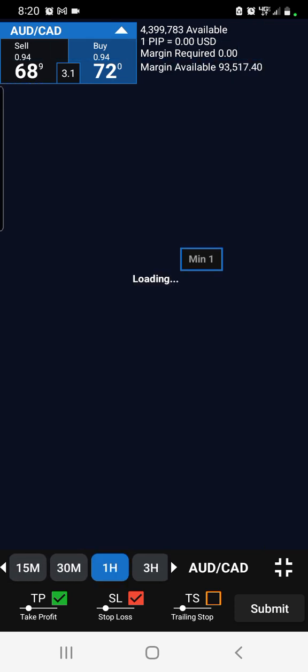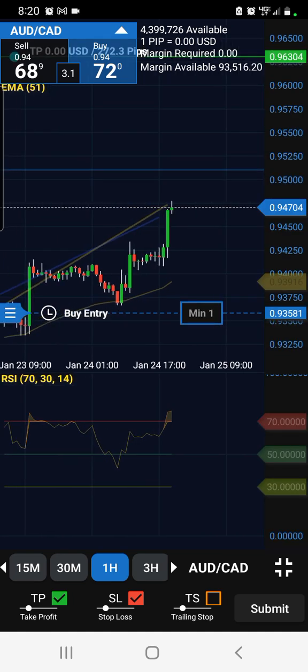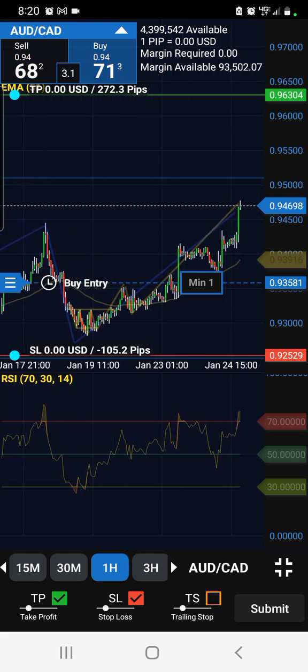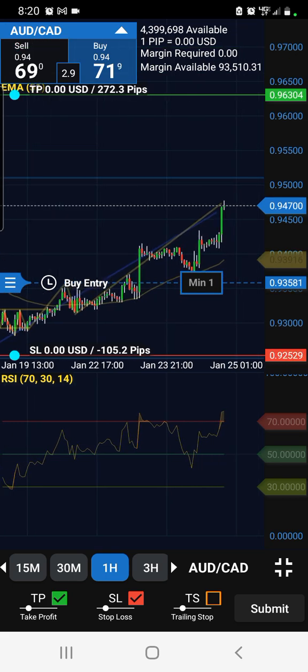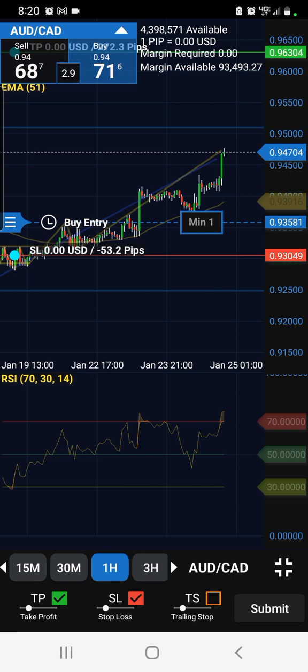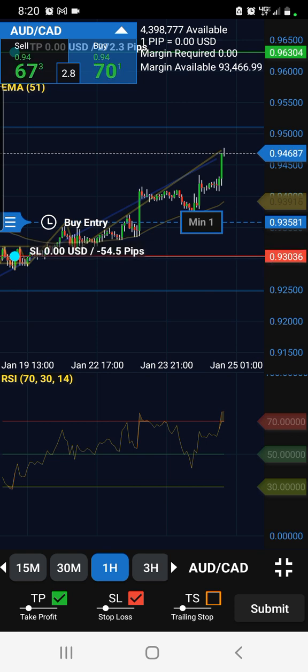Y'all know what I'm talking about. You don't get the same numbers when you do this stuff on the daily that you do when you get on the hourly. So it's kind of hard for me to explain it. But on the hourly, it was like 160 pips when I had set my stop loss right here.